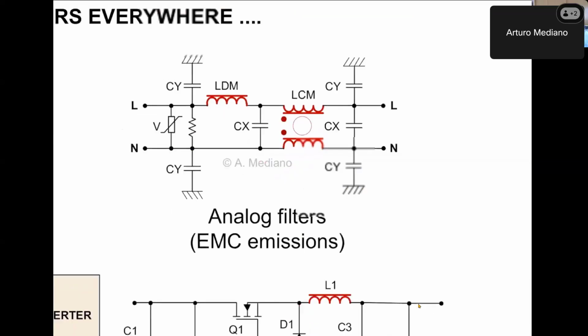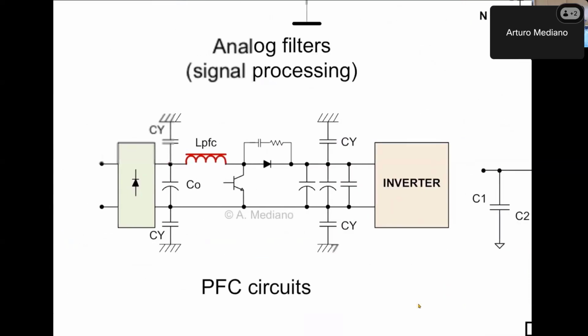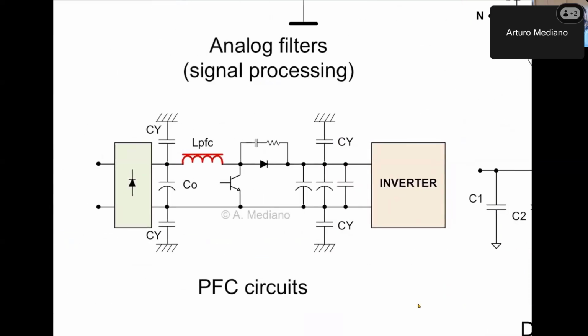Or you have inductors when designing specific topologies like PFC circuits, power factor controllers, where you typically have big inductors with core, and in this position they are very critical to comply with the limits on harmonics in the current that your product is consuming, but additionally they can create problems in radiated emissions.